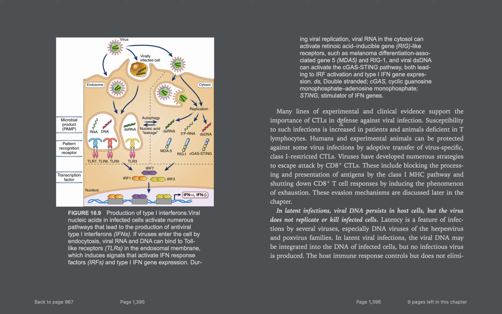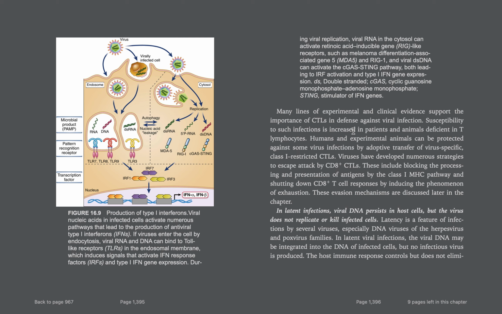Many lines of experimental and clinical evidence support the importance of cytotoxic T lymphocytes in defense against viral infection. Susceptibility to such infection is increased in patients and animals deficient in T lymphocytes. Humans and experimental animals can be protected against some virus infections by adoptive transfer of virus-specific MHC-restricted cytotoxic T cells.